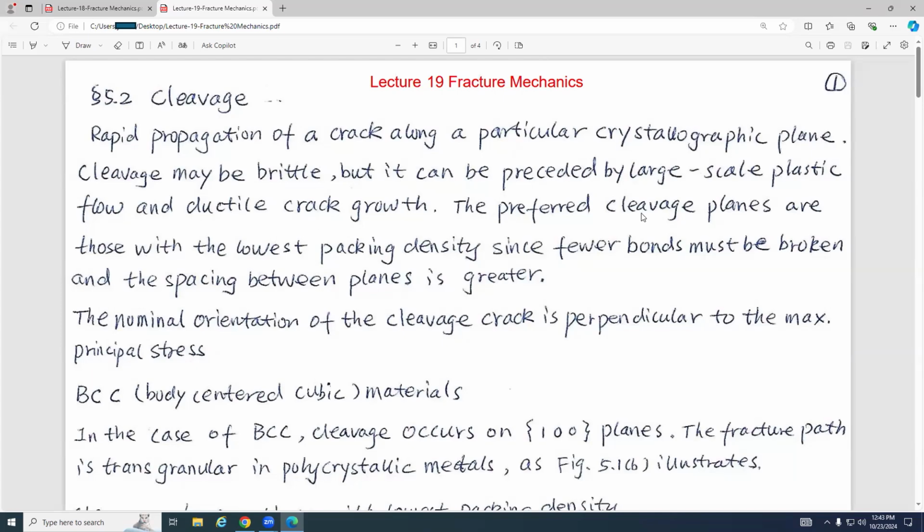The preferred cleavage planes are those with the lowest packing density, since fewer bonds must be broken and the spacing between planes is greater. Right? You guys remember something from material science?